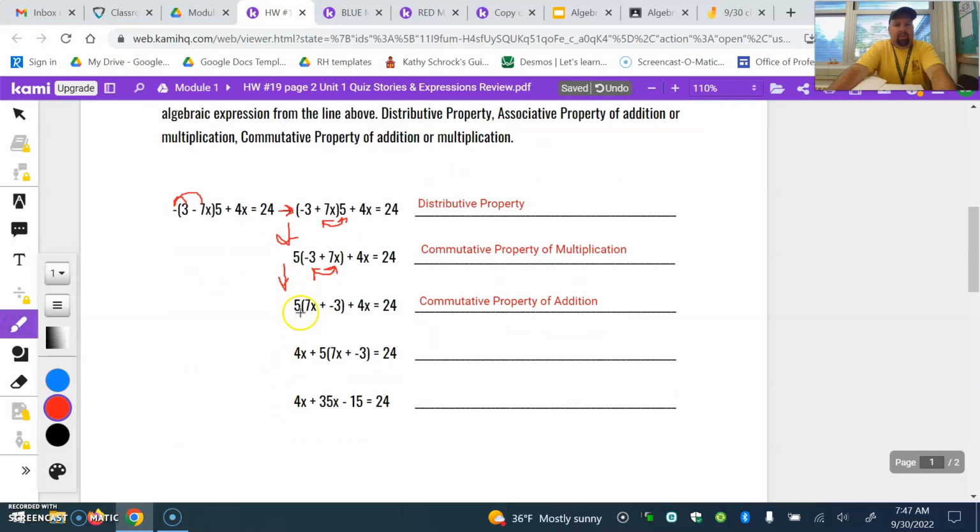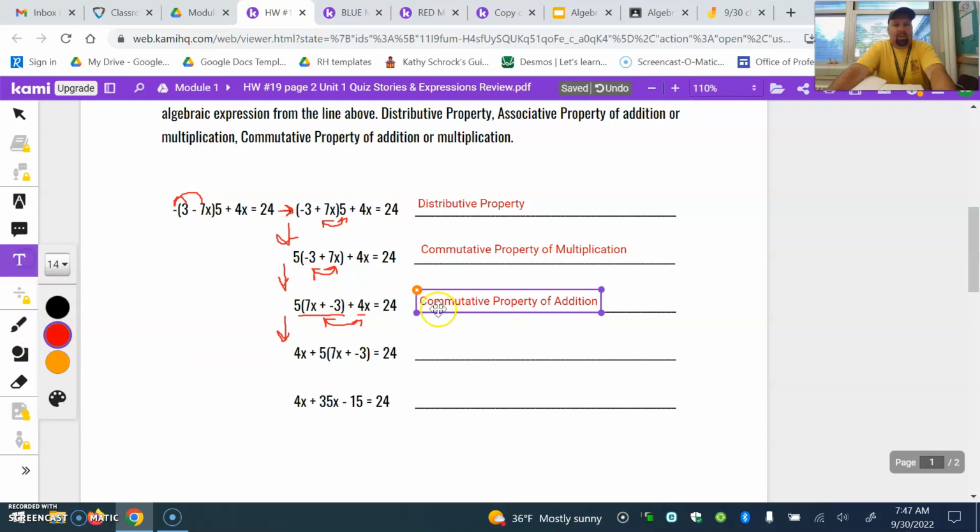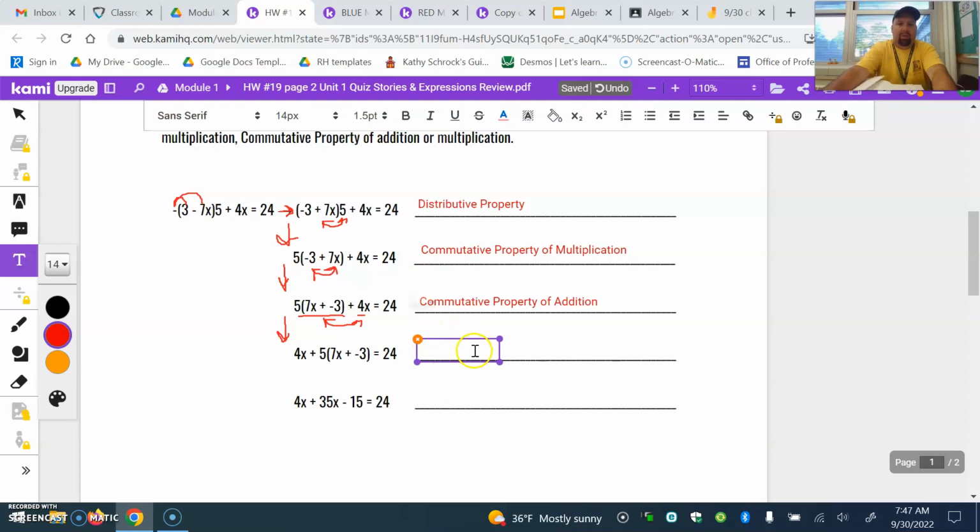Okay, from this step to this step, what is happening? Well, now it looks like we are switching all of this with this. And there is a symbol in between. It's that addition sign. So basically, I'm doing the commutative property of addition again.